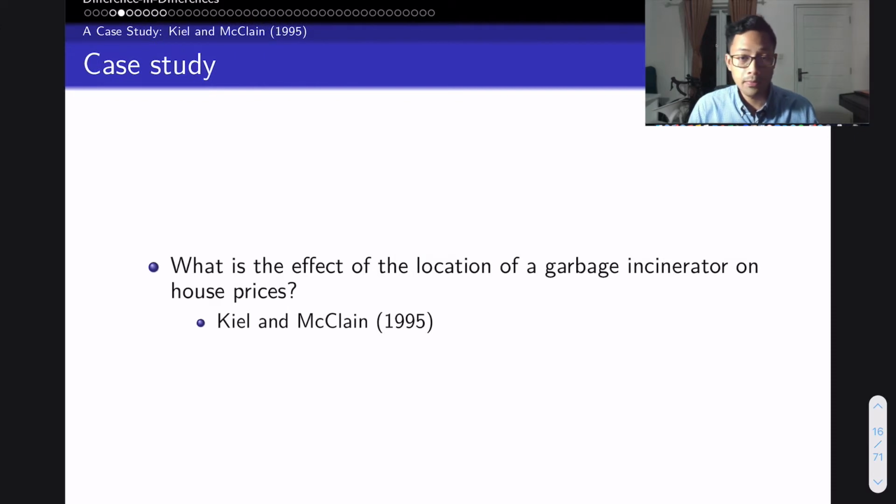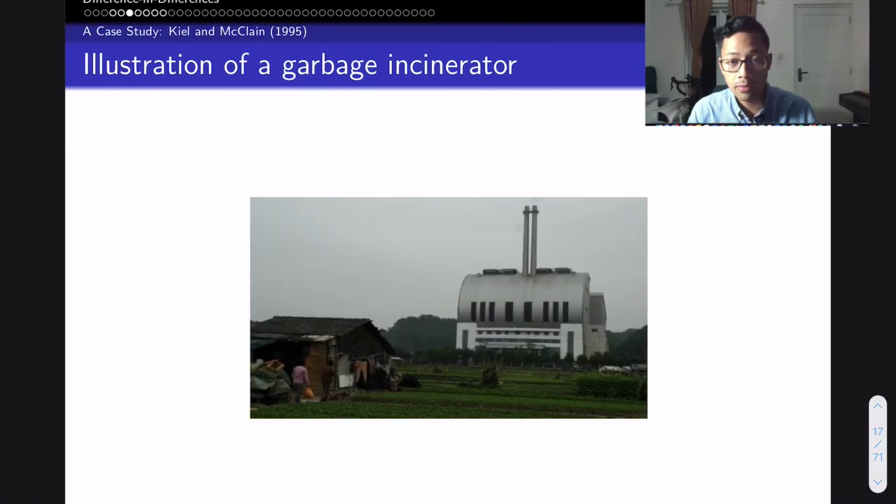So this is a very simple depiction of a garbage incinerator, and as you can see, there are going to be some externalities, and particularly negative externalities, with having this garbage incinerator. For example, there's going to be a lot of smoke, there's going to be a lot of pollution, and that would actually reduce the quality of the environment.